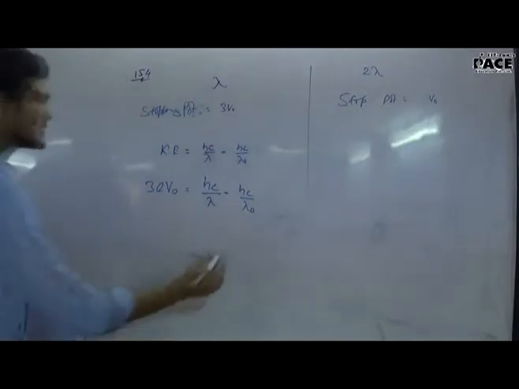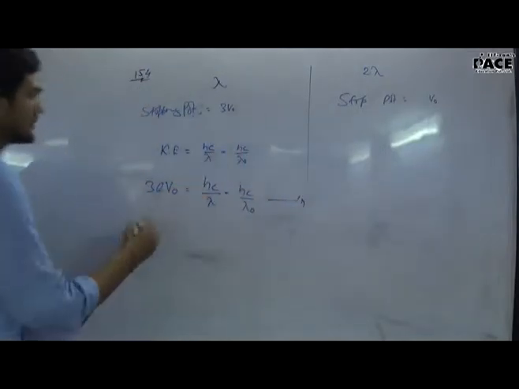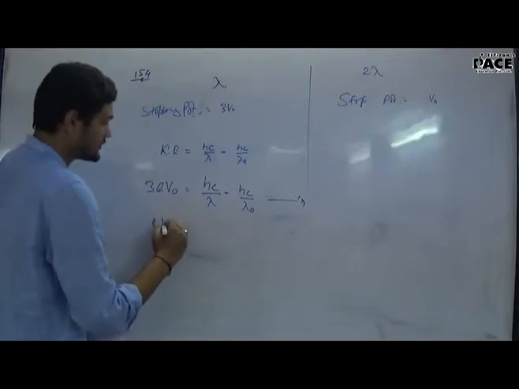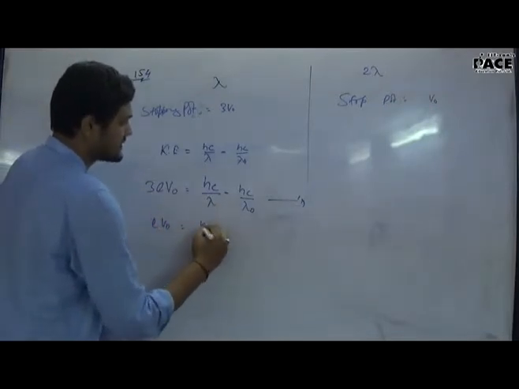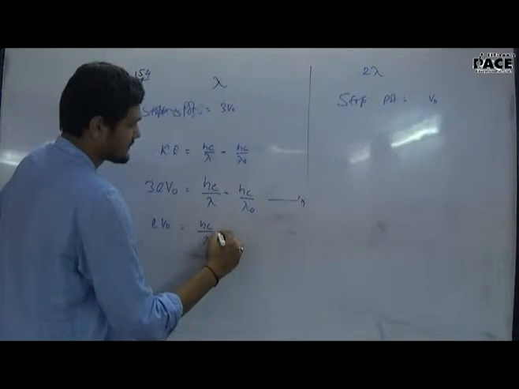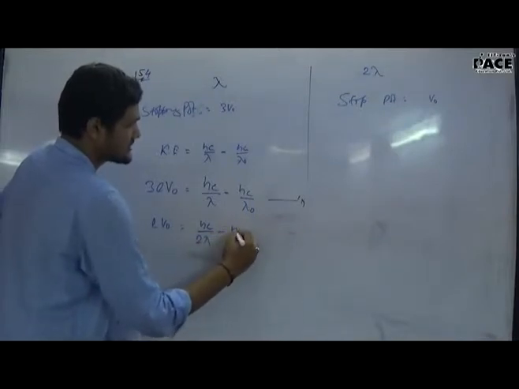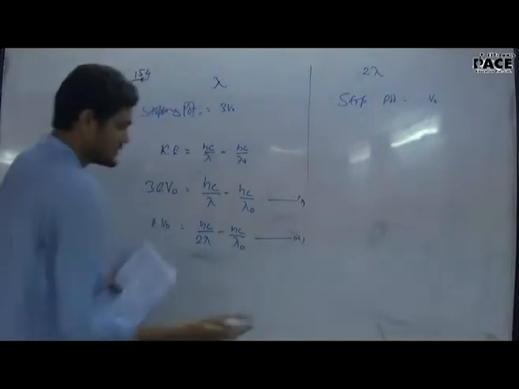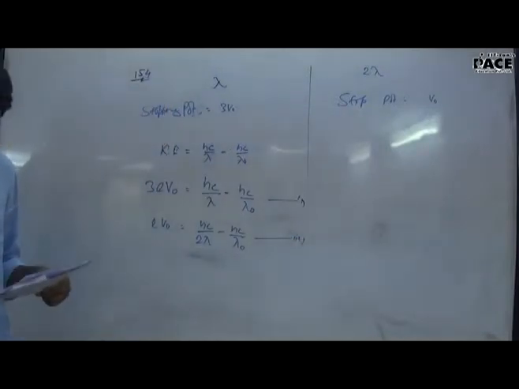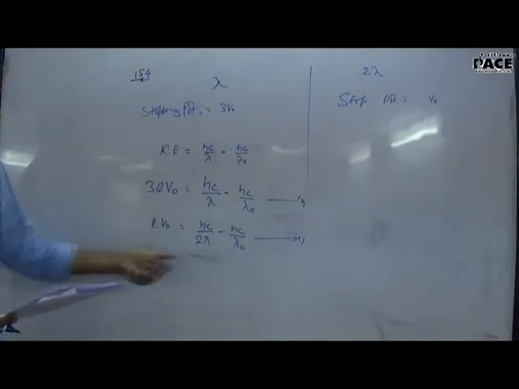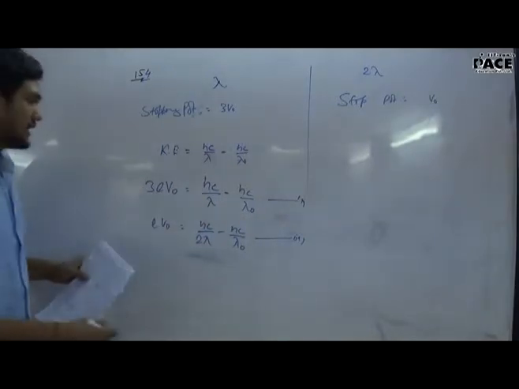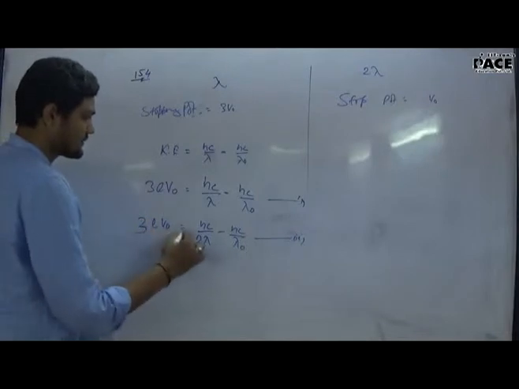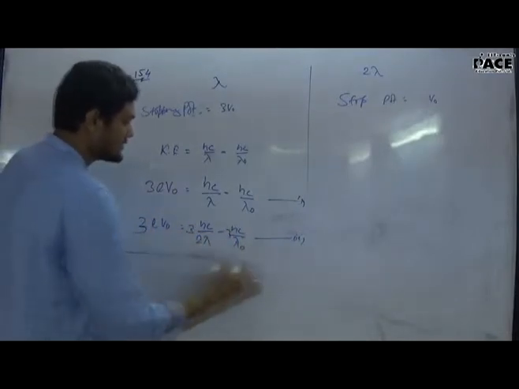The second equation is e V naught equal to hc by 2 lambda minus hc by lambda naught. Now we just have to solve these two equations and get the value of lambda naught. Multiply the second equation by 3 and then simply subtract.